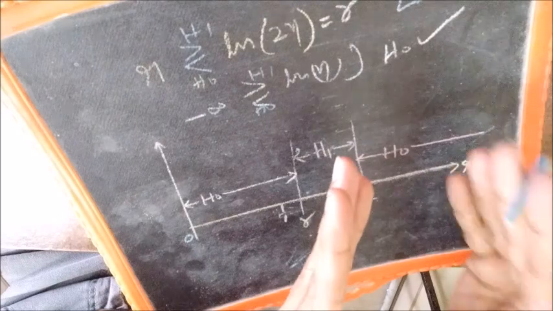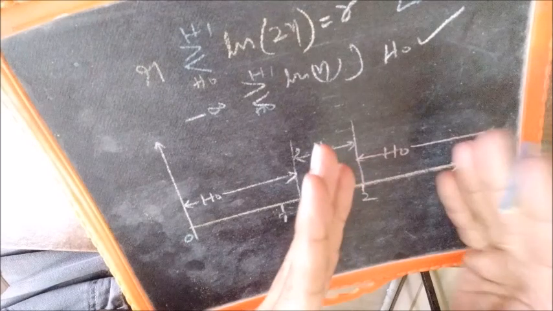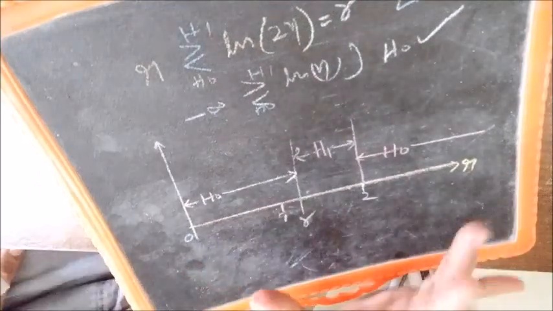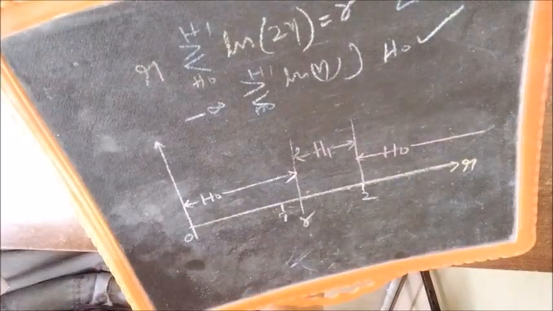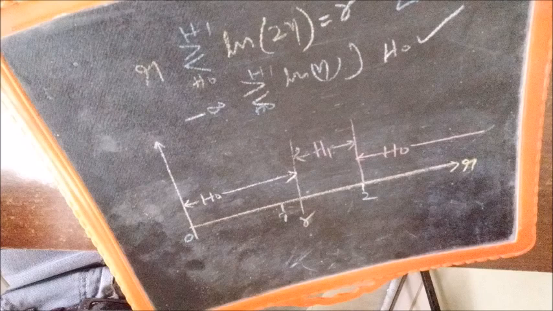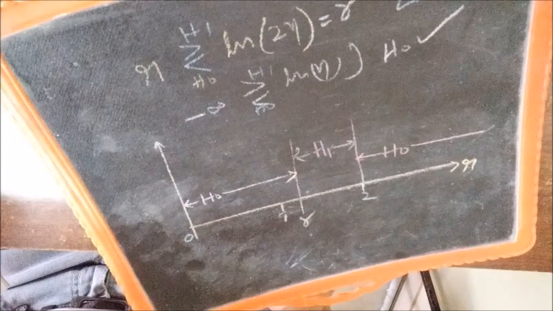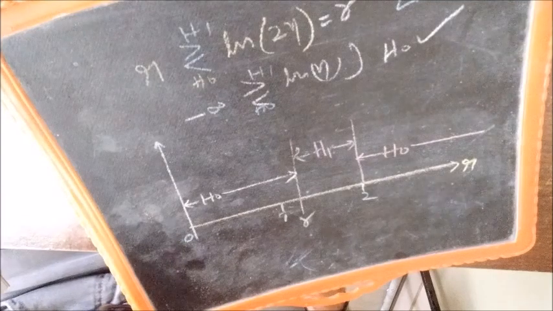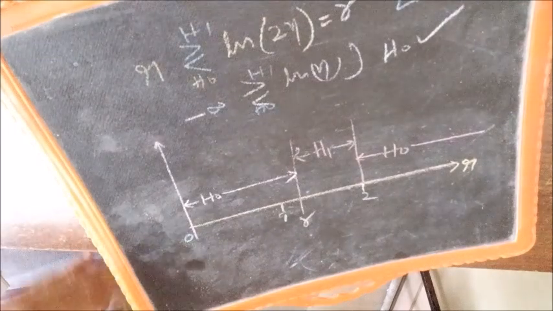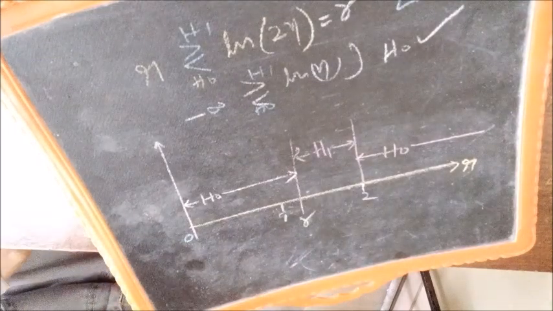Now the second part of the question is we have to find the minimum probability of error for three different values of P0: P0 equal to 1 by 2, and P0 equal to 1 by 3. So before we begin, let us write the expression for probability of error.